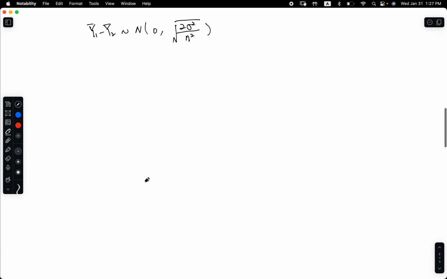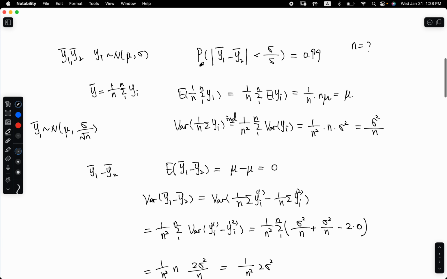Okay, so now back to the events. So we have y1 bar minus y2 bar. We need this. So we are going to perform the transformation to the things inside the parentheses.